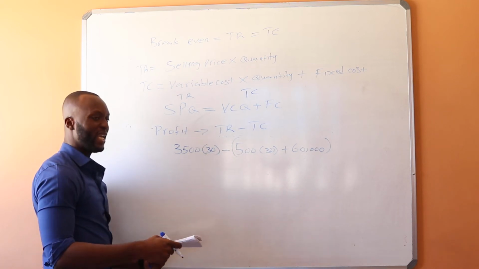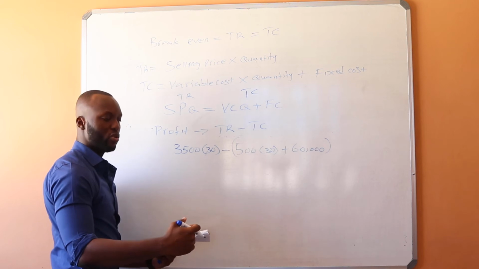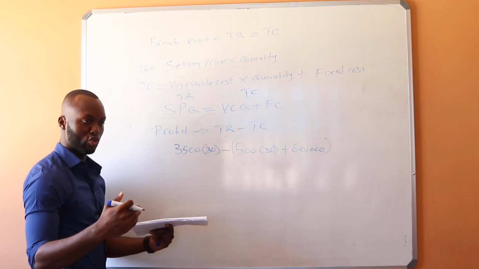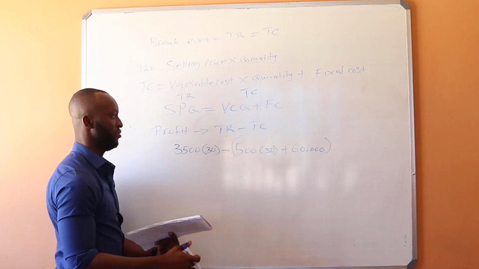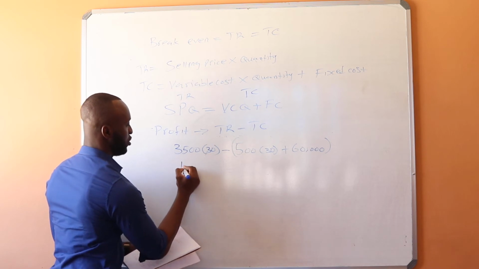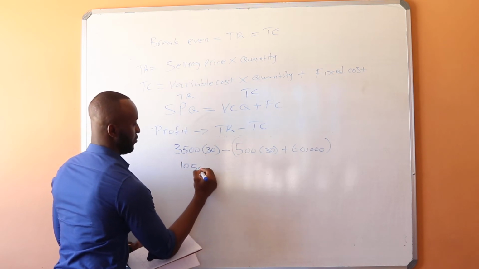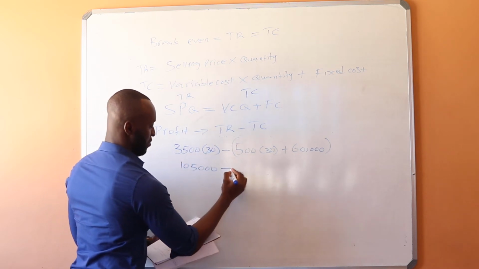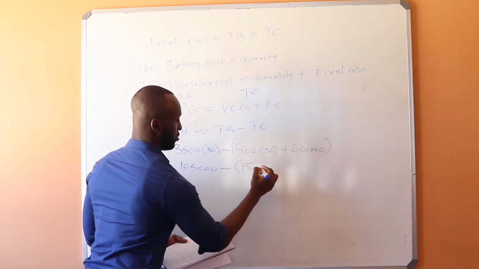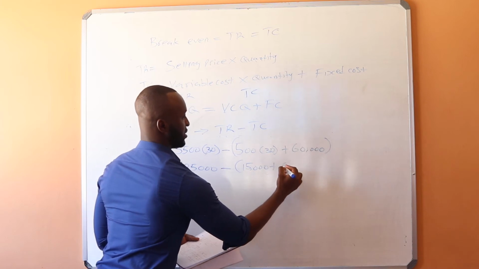Remember, in order to break even is 20. So if you're selling 30, definitely you're going to make a profit, because if you sold 20, you already break even. By selling 30, you multiply 30 by 3,500, you have 105,000 minus into bracket 15,000 plus 60,000.